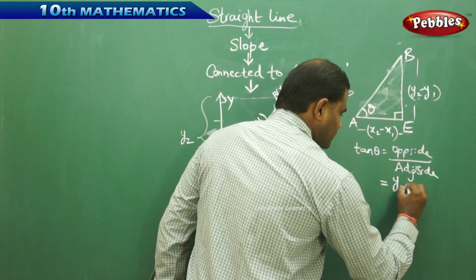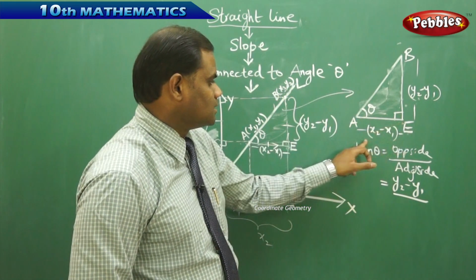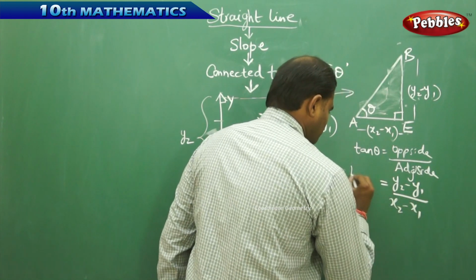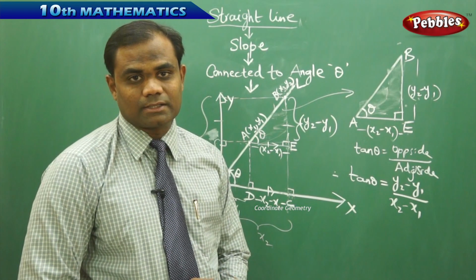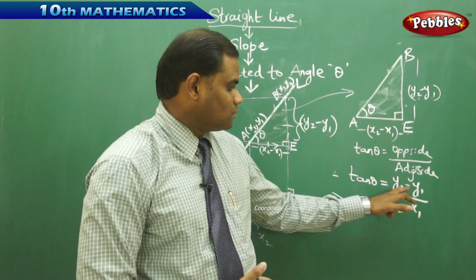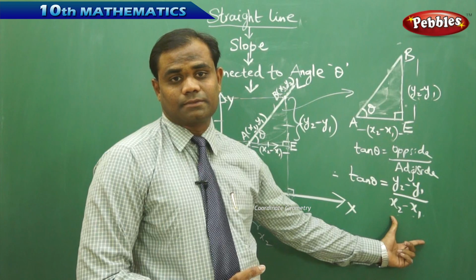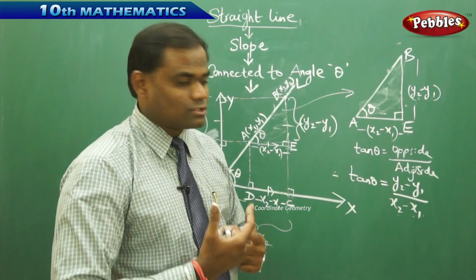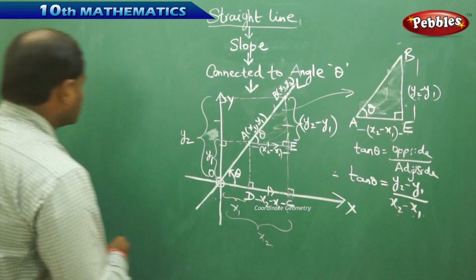And my adjacent side is x2 minus x1. Therefore, tan theta is y2 minus y1 by x2 minus x1. But we have already derived the formula for slope, which is y2 minus y1 by x2 minus x1, or change in y by change in x. Therefore, if I connect this with the slope, my slope is nothing but tan theta.